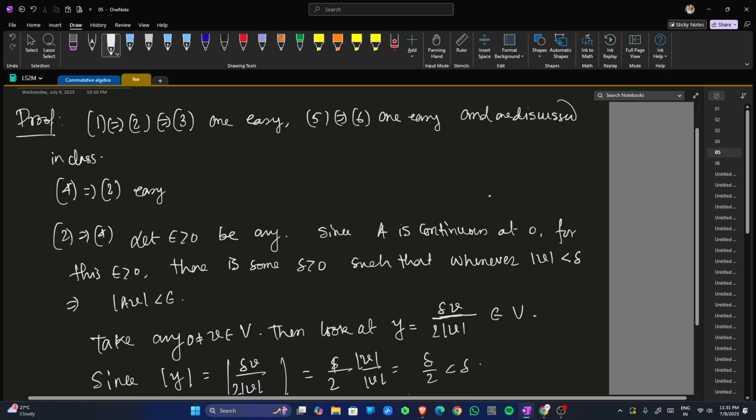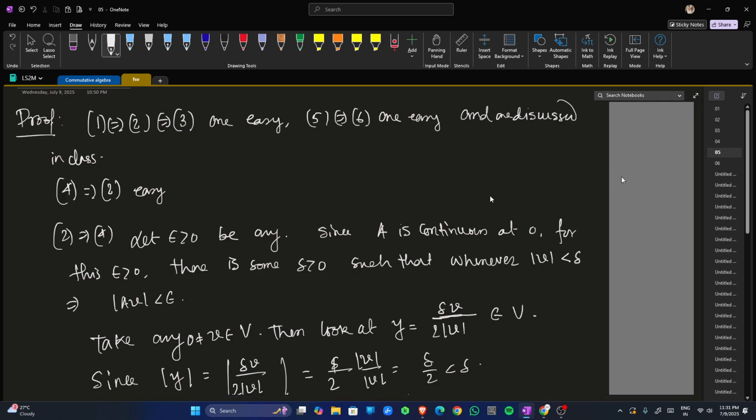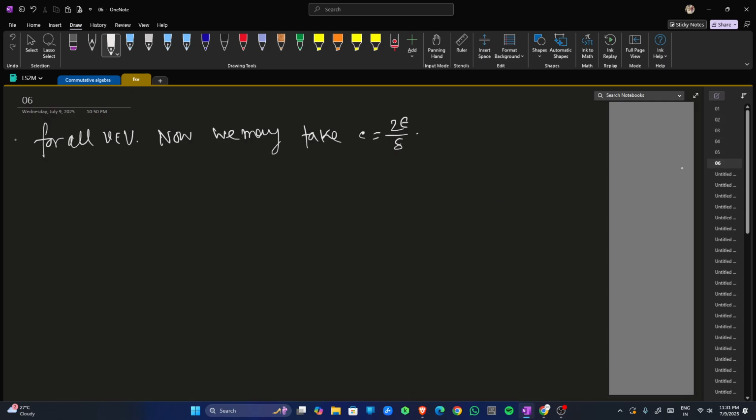Okay, so what remains? 5 implies 4, right? What is 5? 5 is saying Av is bounded. We need to show this. Av is bounded for all norm v equal to 1.